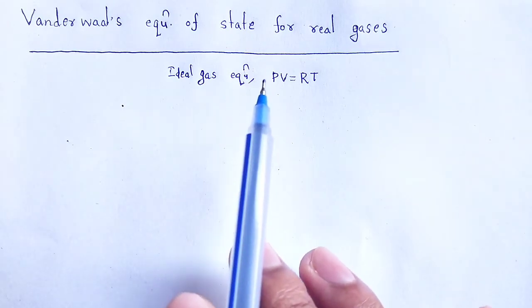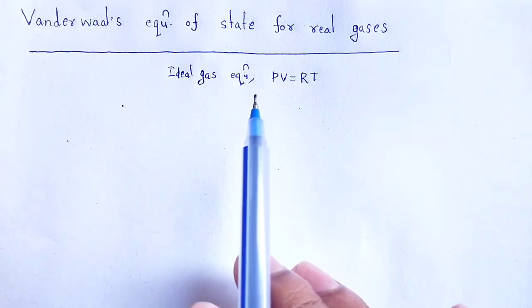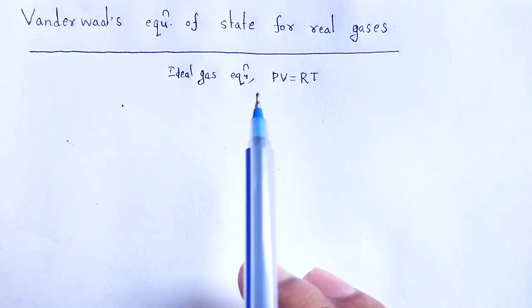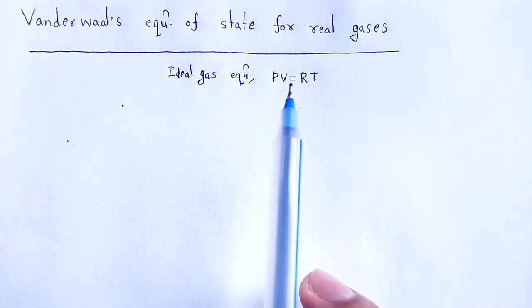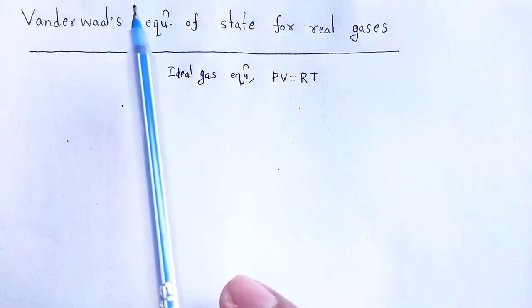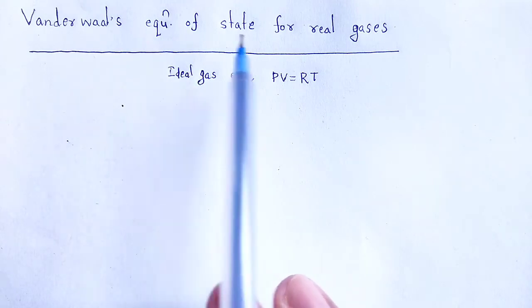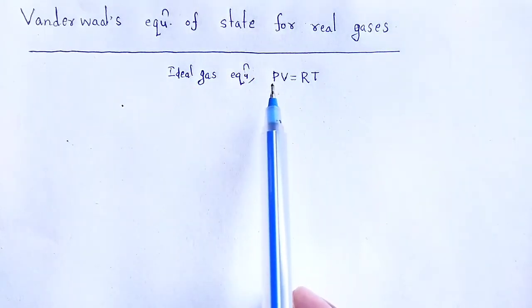In order to correct the error for neglecting the intermolecular force of attraction and the volume occupied by the molecules themselves, the scientist Van der Waals introduced two correcting terms, one for pressure correction and another for volume correction.